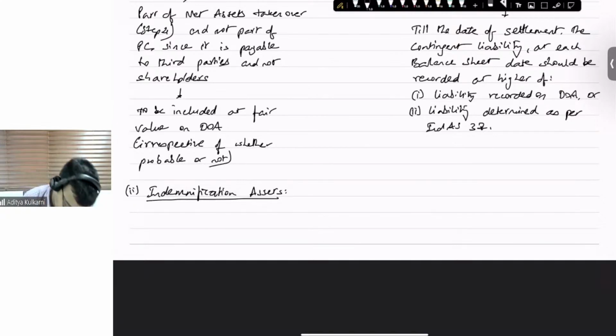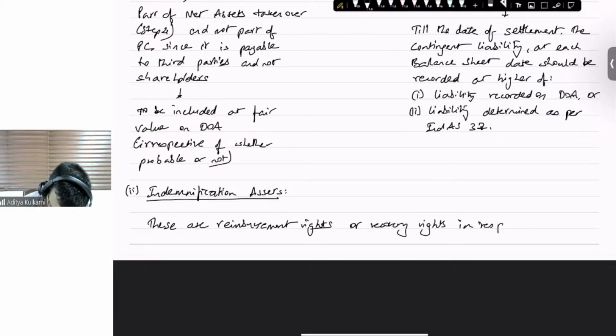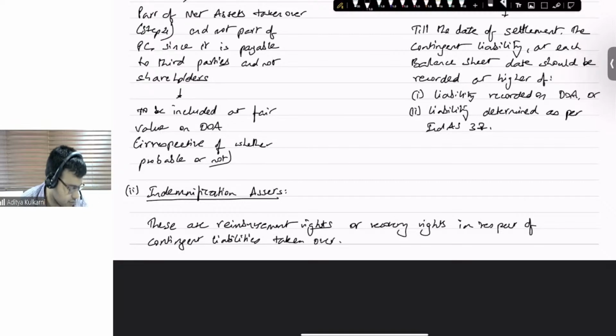Indemnification assets. These are reimbursement rights in respect of contingent liabilities taken over.